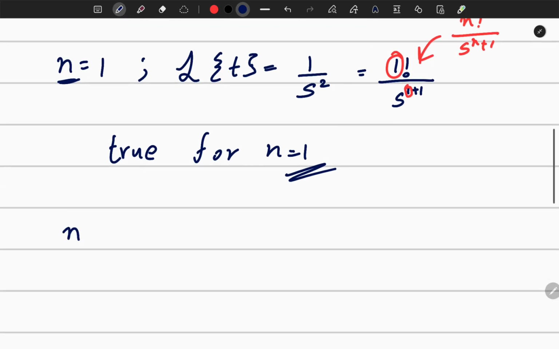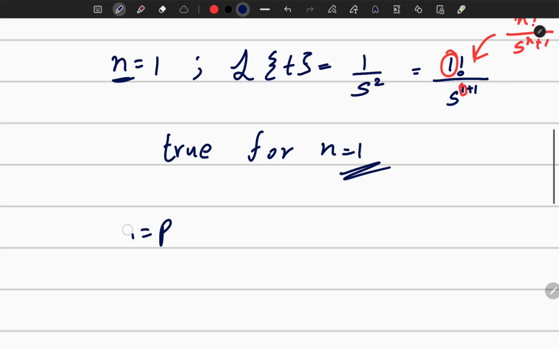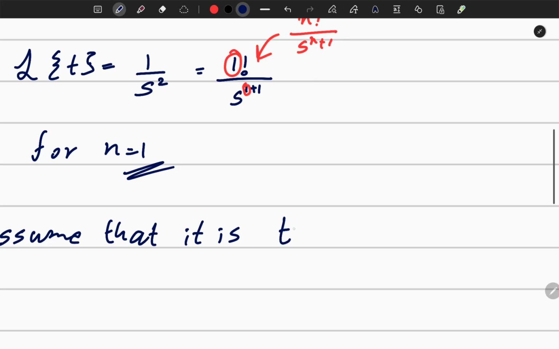Now let's assume that it is true for n equals p, where p is a positive integer.